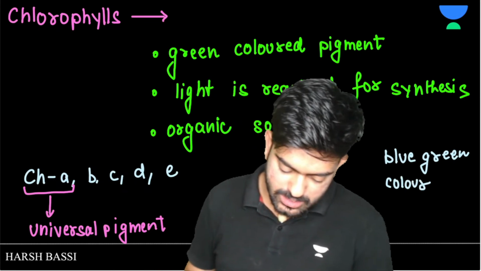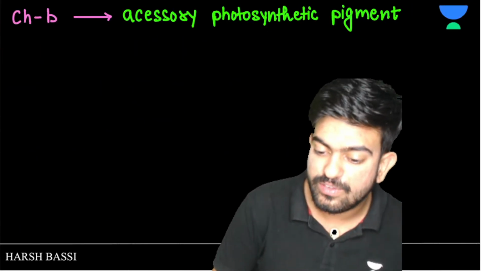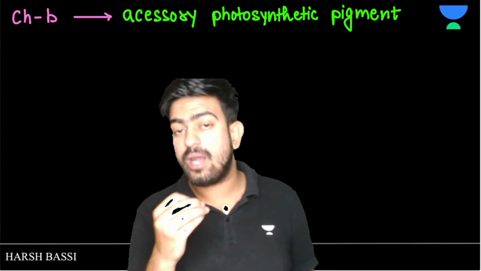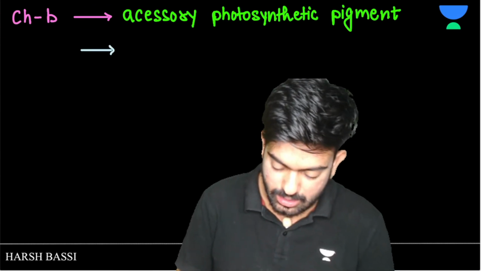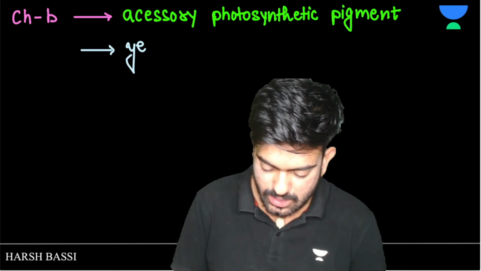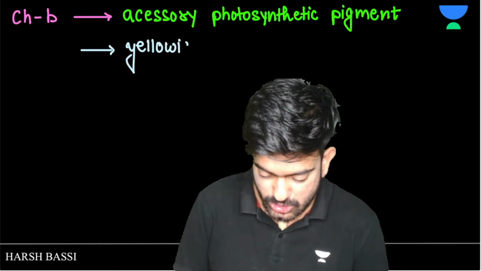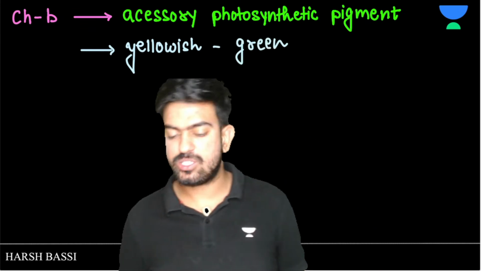But what about chlorophyll B? Chlorophyll B is a pigment which is yellowish green in color. Clear?